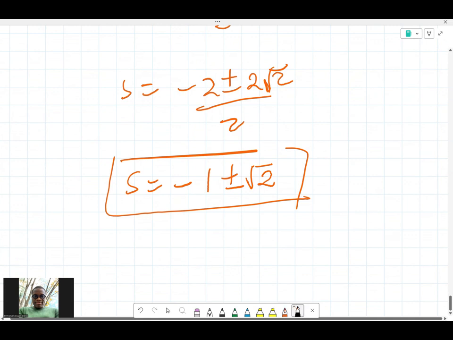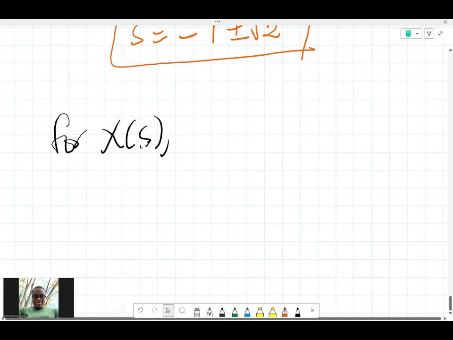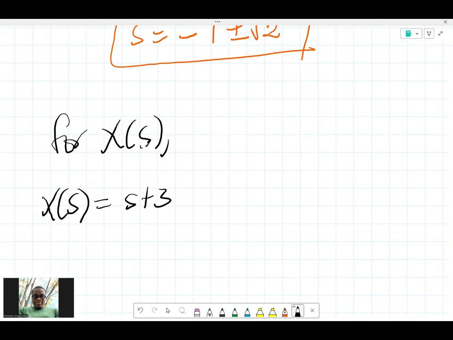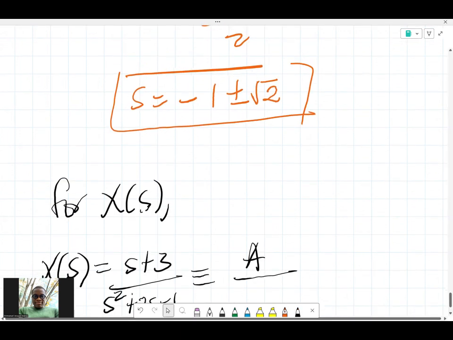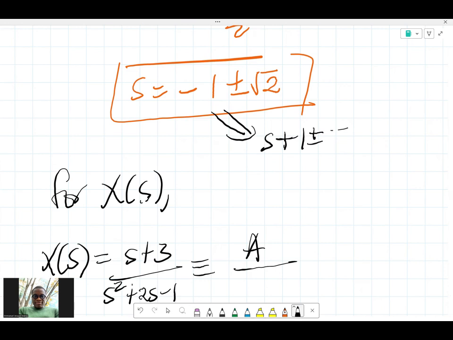So if that is the case, then we can go for this. For x of s, we can have s plus 3 all over s squared plus 2s minus 1 to be similar to a over s plus 1 plus or minus root 2.